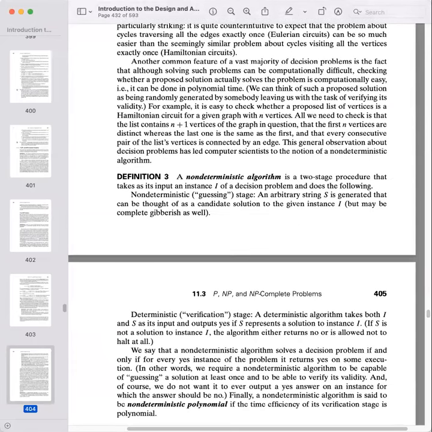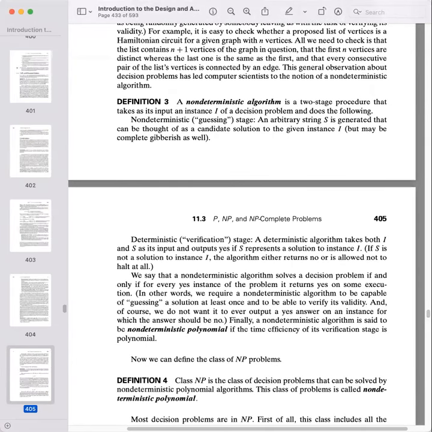Okay, then the other set, the NP, is going to be from the non-deterministic polynomial algorithms. The non-deterministic part means that we have to kind of guess at the answer, but once we have a candidate, we can in polynomial time figure out if the answer is a solution to the problem.